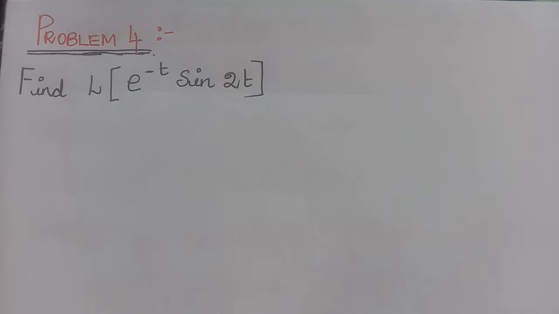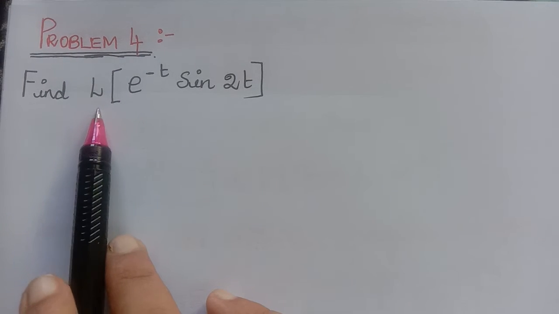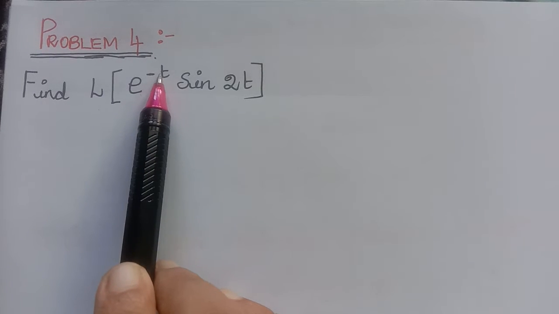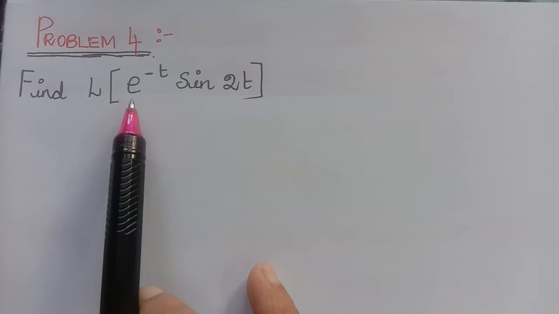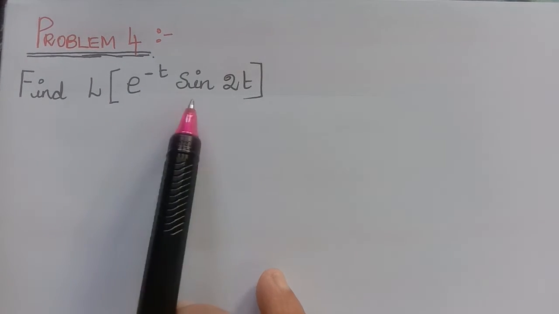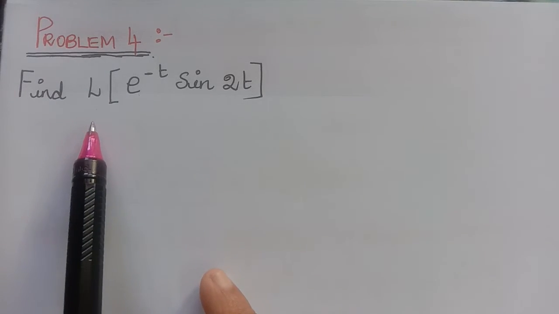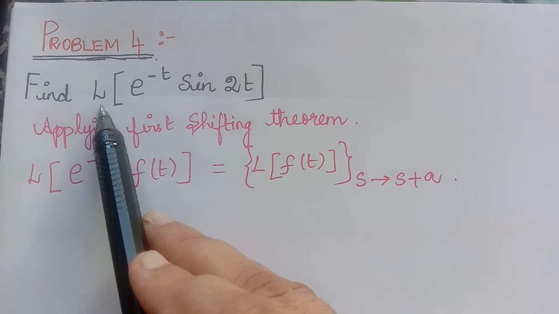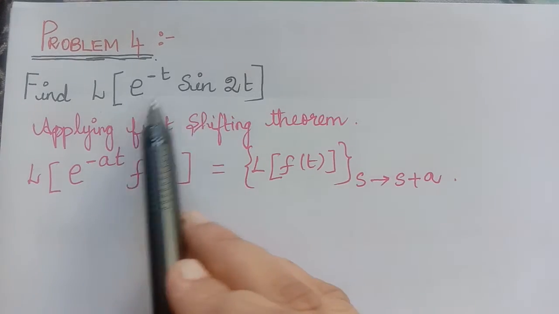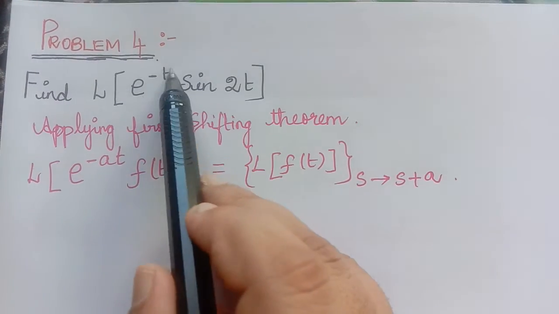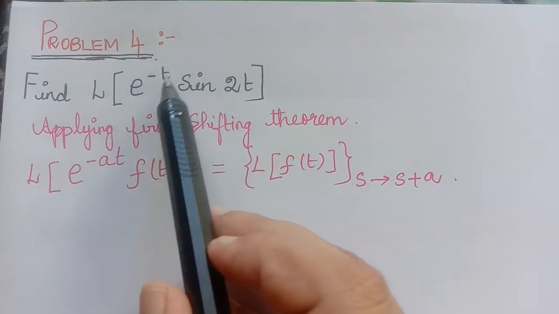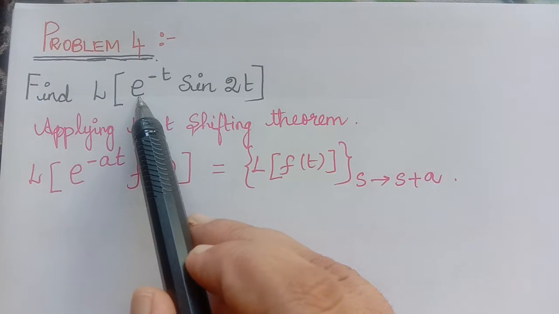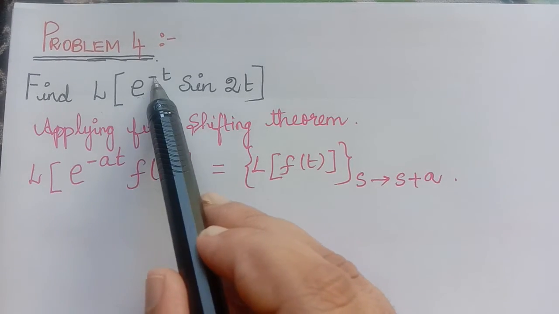Now here we have problem 4, where we have to find the Laplace transform of e to the power minus t sine 2t. First we have to apply the first shifting theorem. Here we have to find the Laplace transform of a product of two functions, where one of the functions is exponential, and that exponential function is e to the power negative at.